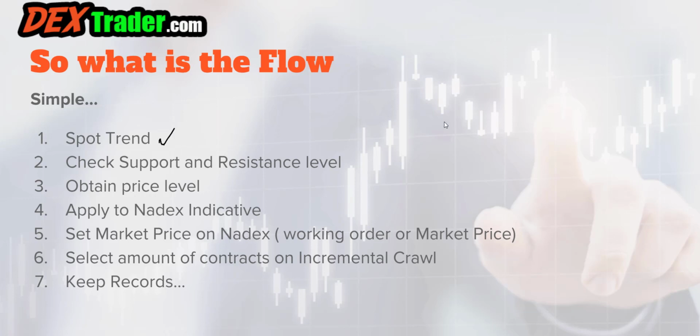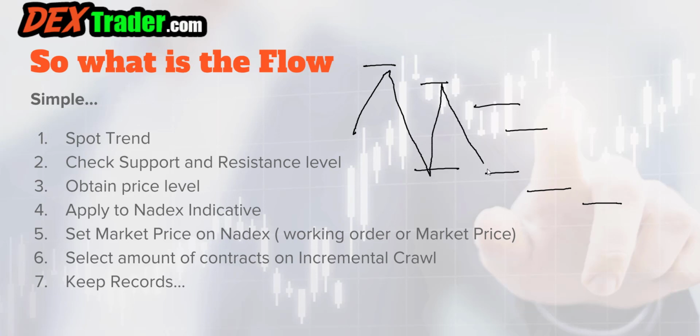Spotting the trend. This is, like I said before, subjective, and is very artistic, but there are certain rules. A trend is a value of higher highs and higher lows for an uptrend, and just like the reverse, lower highs and lower lows happen in that fashion to be considered a downtrend.